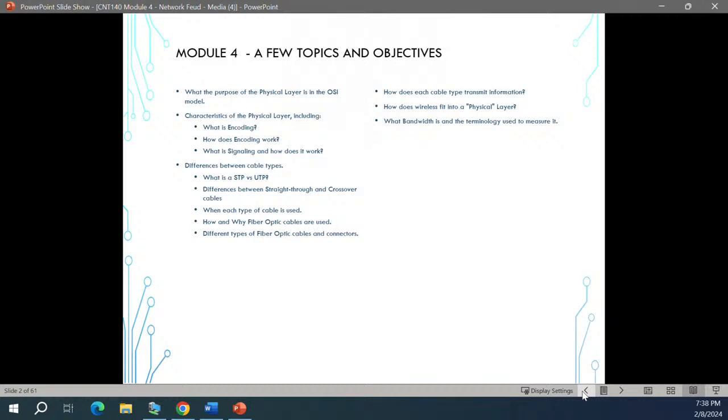Isn't that the timing between changes to a 1 or 0? Can you explain more? An example would be if there's electricity going through it for 3 milliseconds, that's a 1, and if there's nothing going through for 3 milliseconds, that's a 0. Right, so that's part of the signaling too.